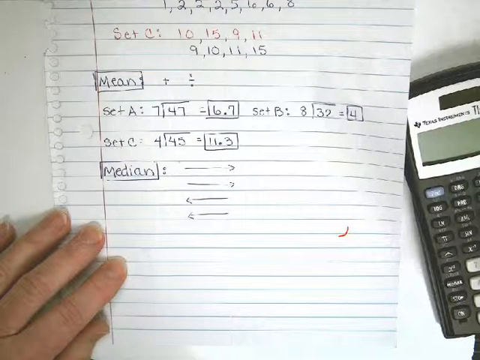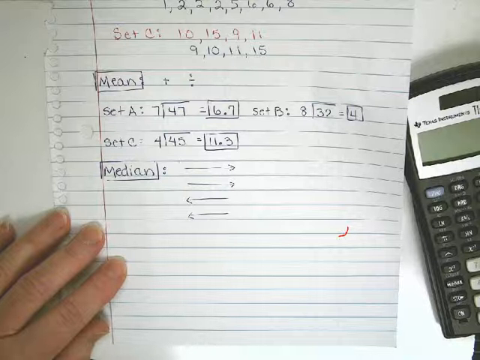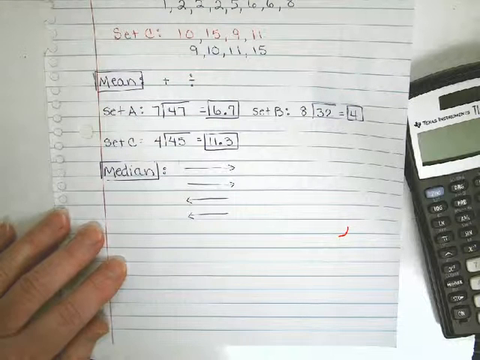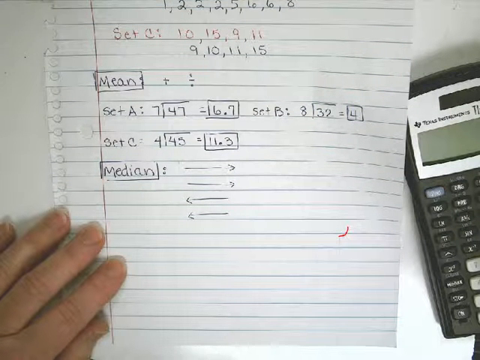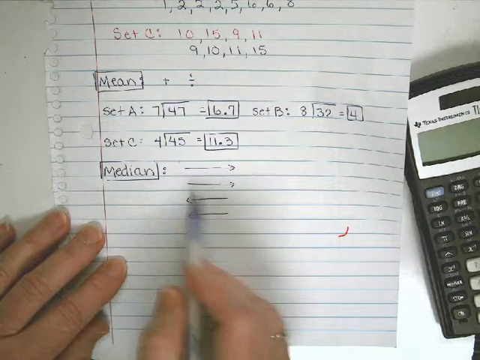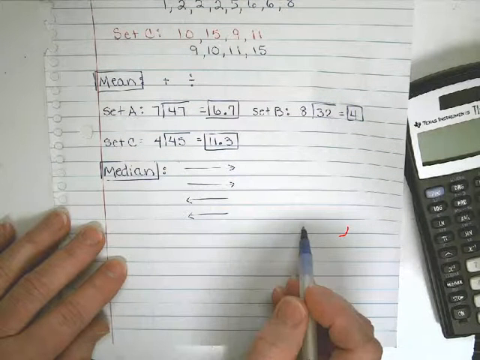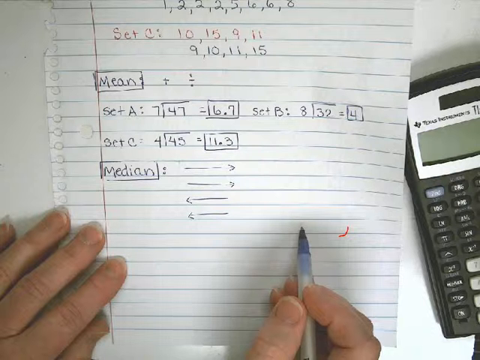Okay, here's my traffic pattern. Interstate, or we could talk about Hamilton Boulevard. There's a median in both of these.